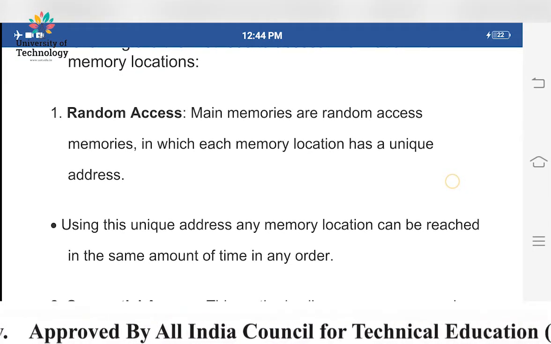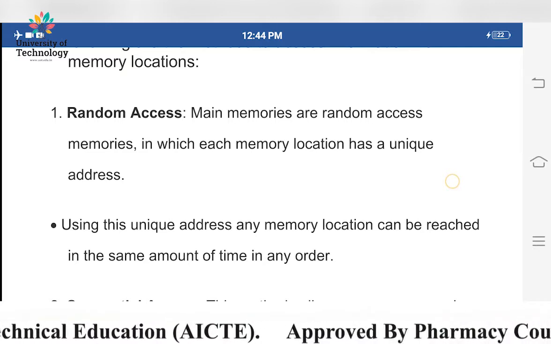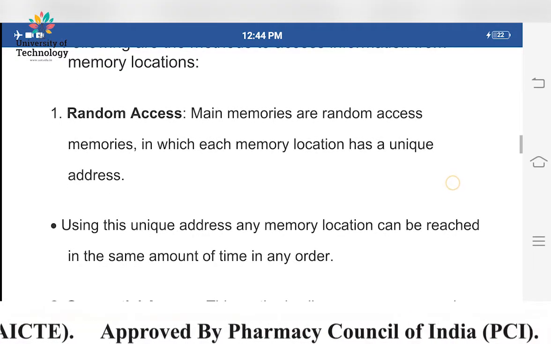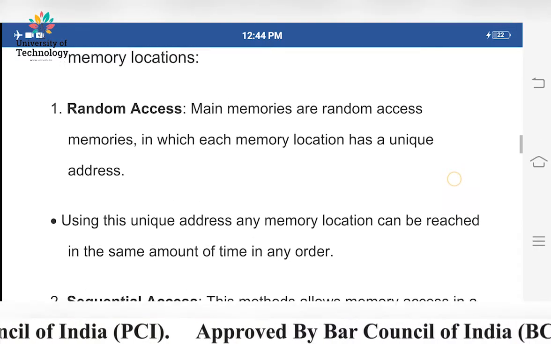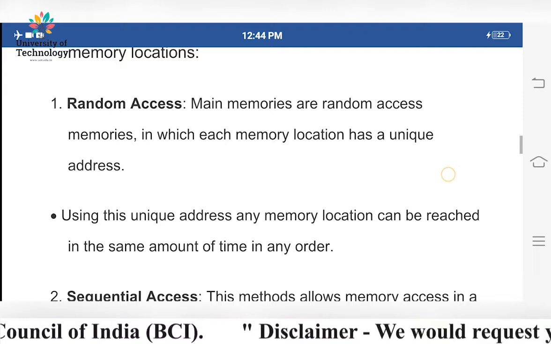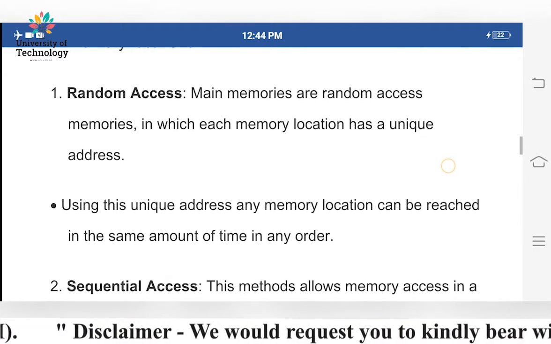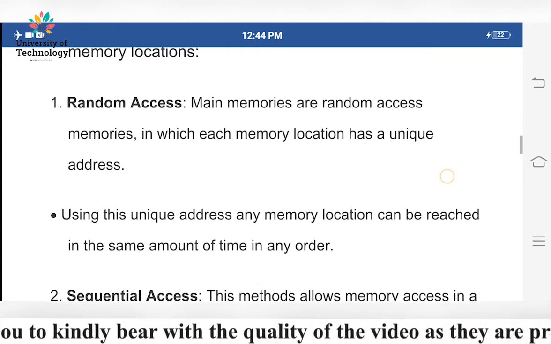See, in this method, main memory is a random access memory in which each memory location has a unique address. So what is the main memory? Main memory is actually a random access memory. And what happens here is that each and every memory location in random access has its unique address.